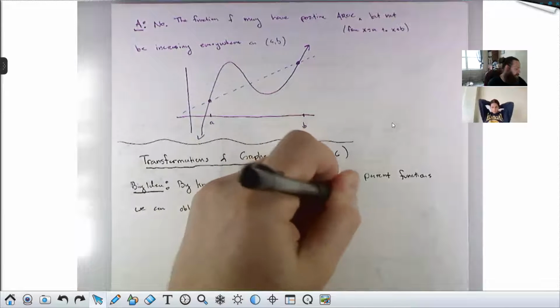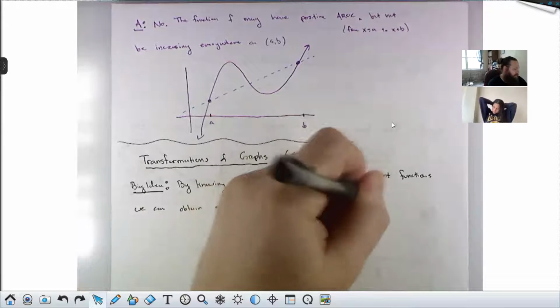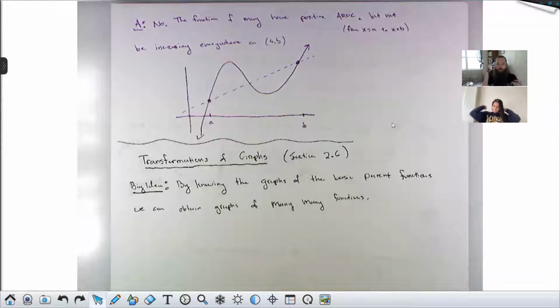And what's more, as you learn new parent functions like exponential functions, logarithm functions, these transformation rules will work for them as well.